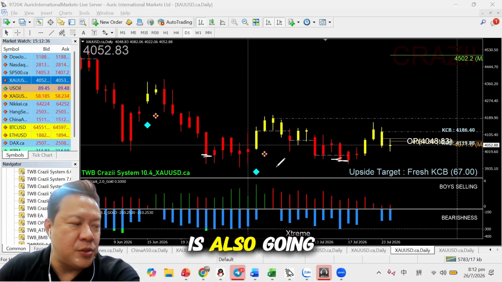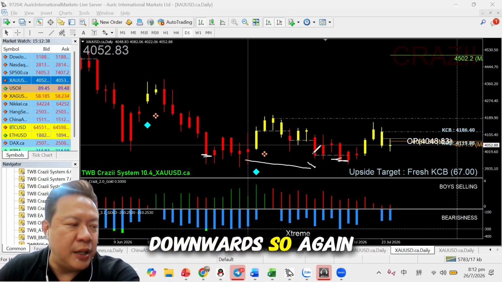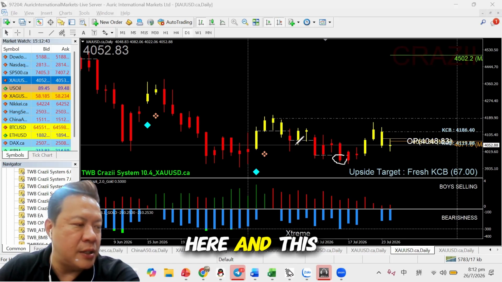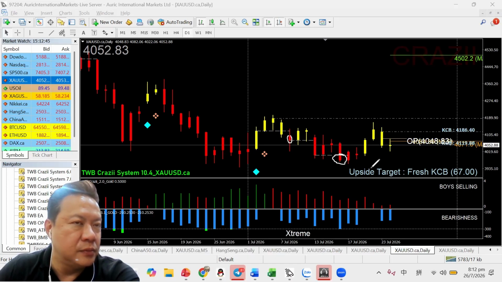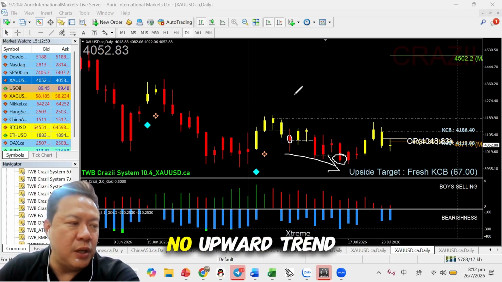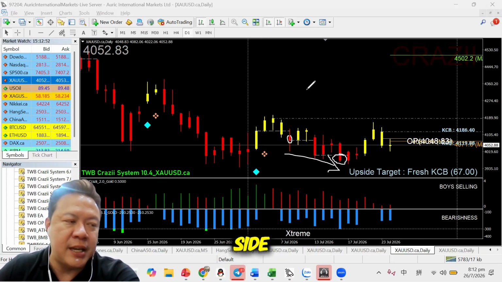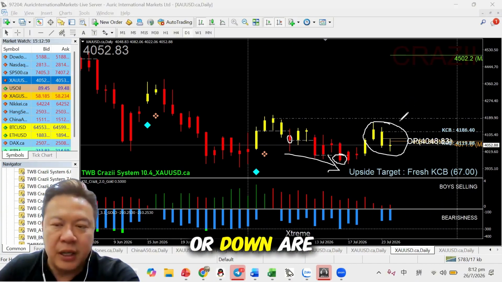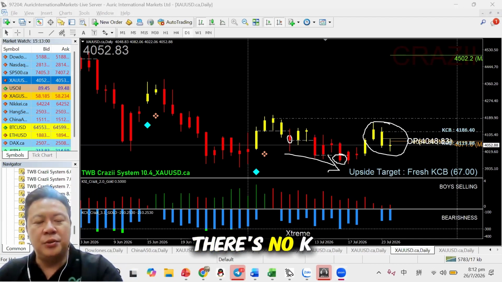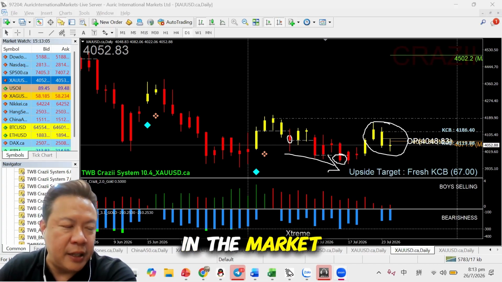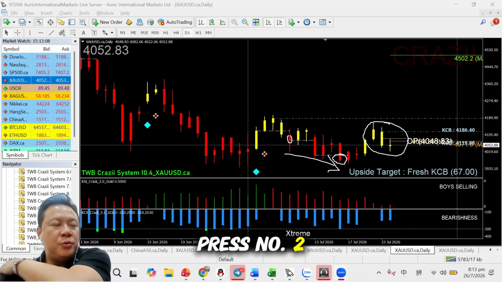So this is also going downwards. Sorry, my bad. It should be here, and this is here. All right, this is going downwards. So there is no upward trend for the low side. So what's happening now in short is that there's no K trend for gold, whether it's up or down. Are we clear? There's no K trend that is clear and visible in the market. So if you concur with me, press number 2 right now.